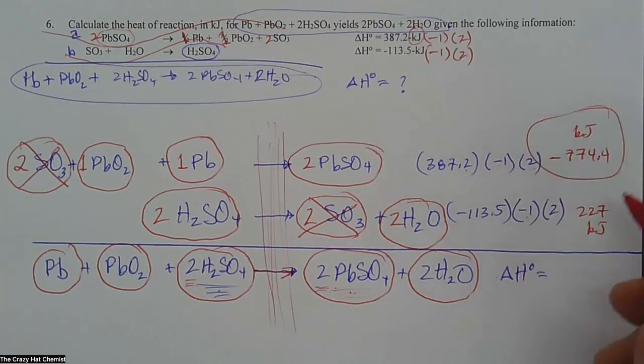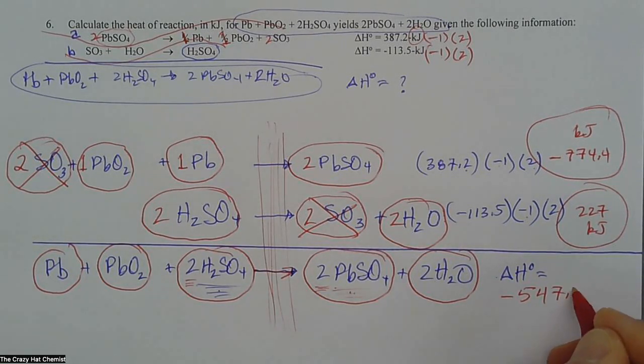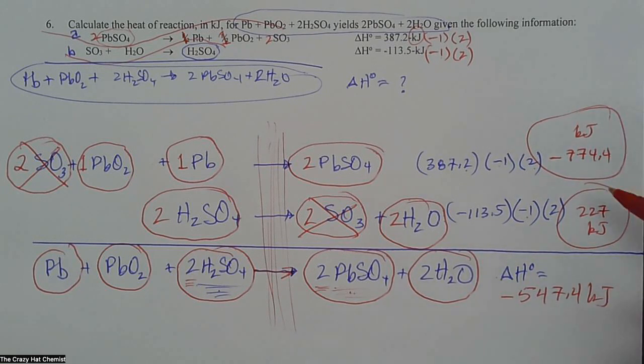And then I'm going to take this number and this number and add them up, and that is going to be negative 547.4 kilojoules. But I need to round this to the fewest number of decimal places here. I think this was a 0. There we go.